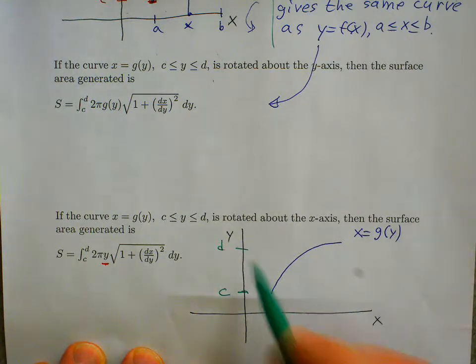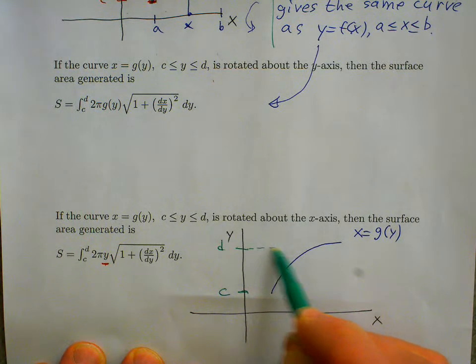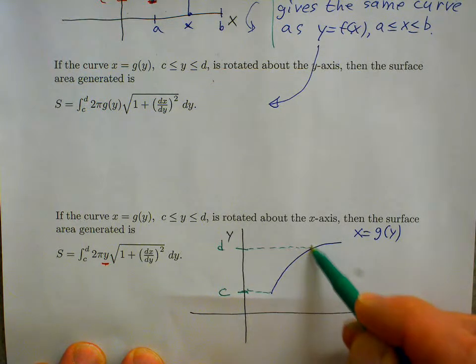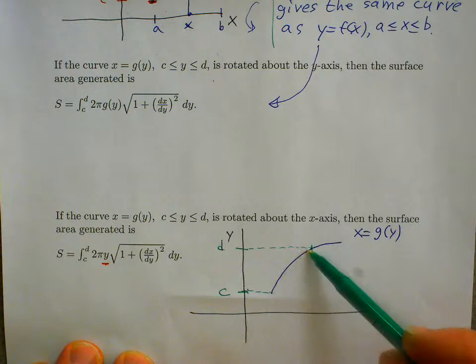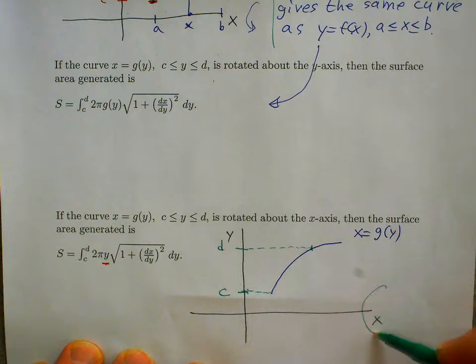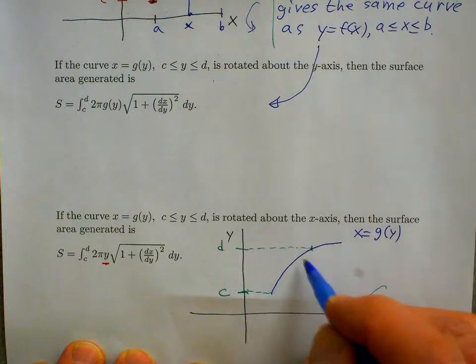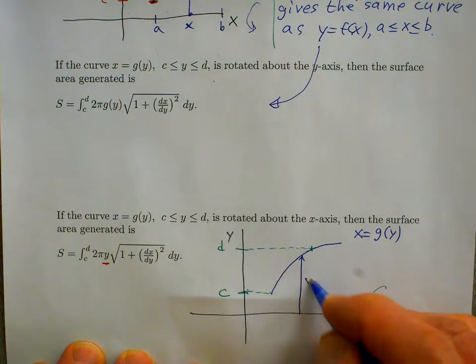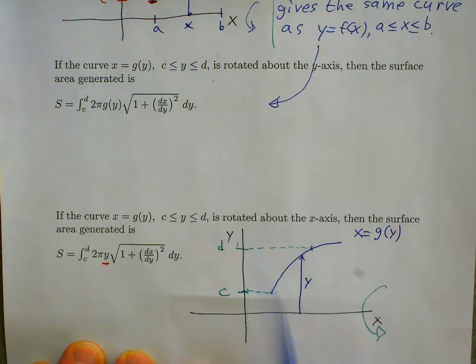I was sort of careless in my sketch, but if we're going to rotate this about the x-axis, then a radius is a y value between c and d.